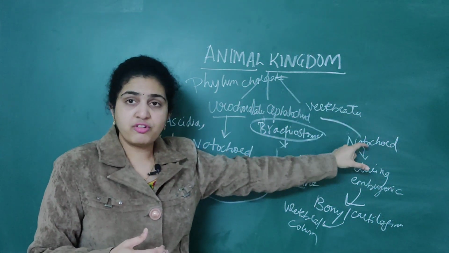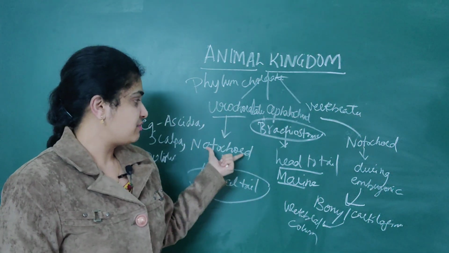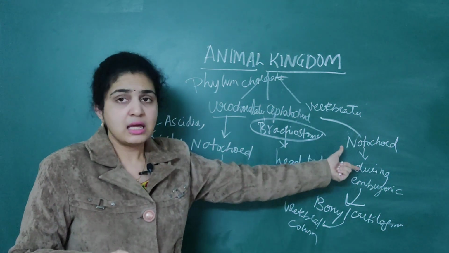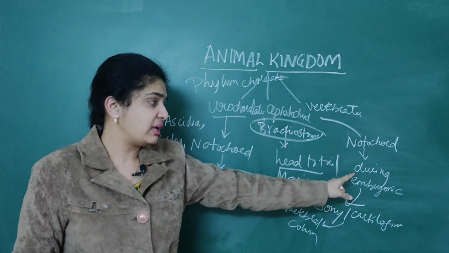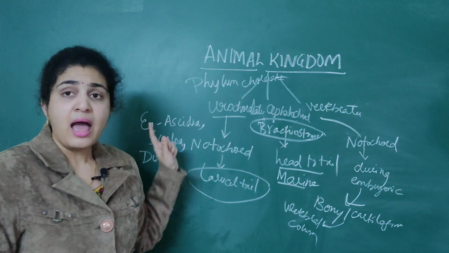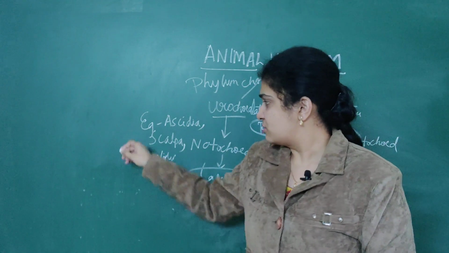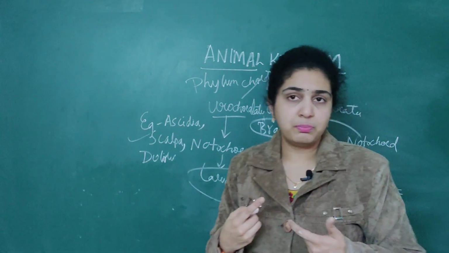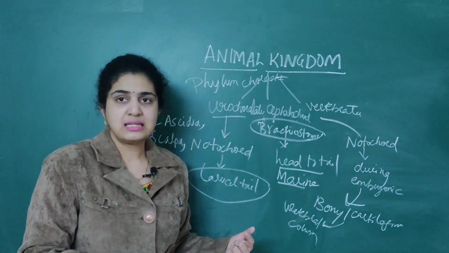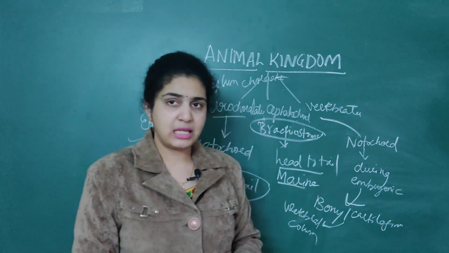Here the specific feature is notochord only in the larval tail; here head to tail, persistent throughout life; here notochord is present only during embryonic development and later replaced by a bony or cartilaginous endoskeleton. In urochordates, Ascidia, Salpa and Doliolum are the three common examples. You should read these two or three times, then only you will be able to recall them easily. Then cephalochordates is nothing but Branchiostoma.